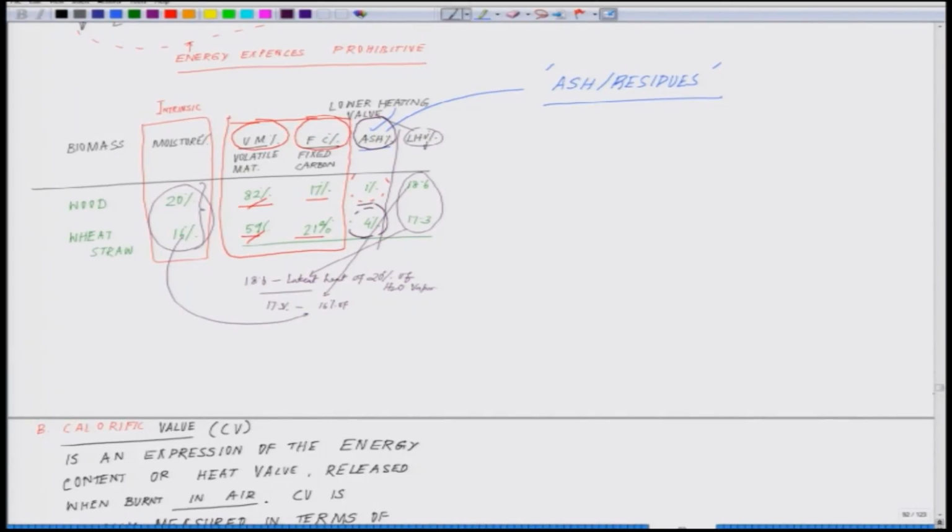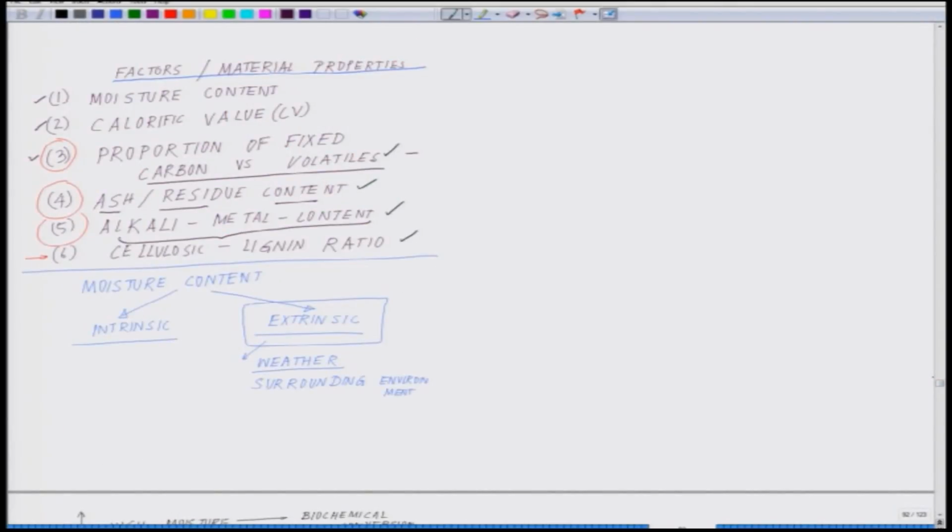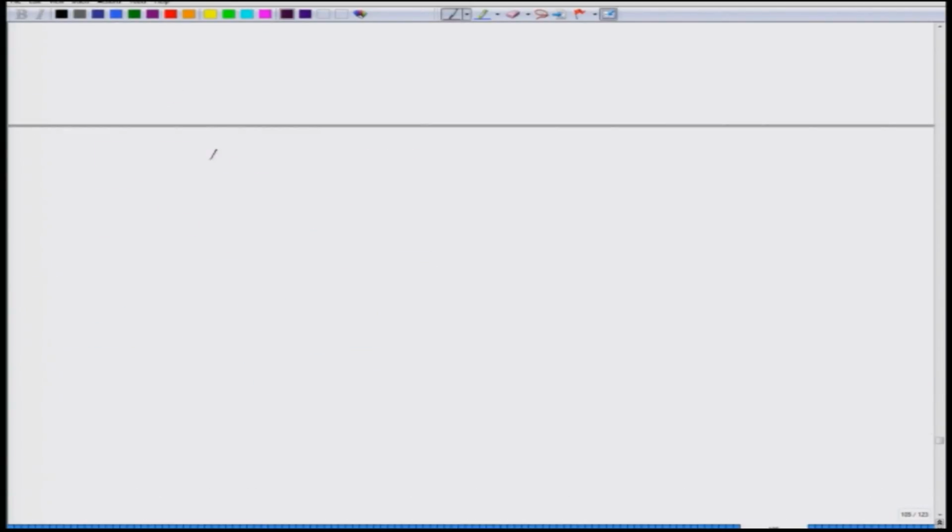And if you go a little up, now what we will move on to is the alkali metal content. Okay. So, coming to the alkali metal content now. Whenever we talk about the percentage of alkali metals, biomass is coming from all different kinds of biological sources.